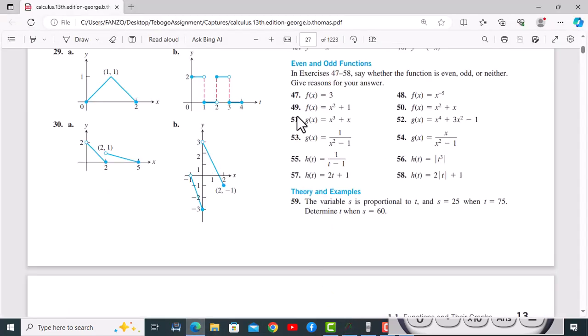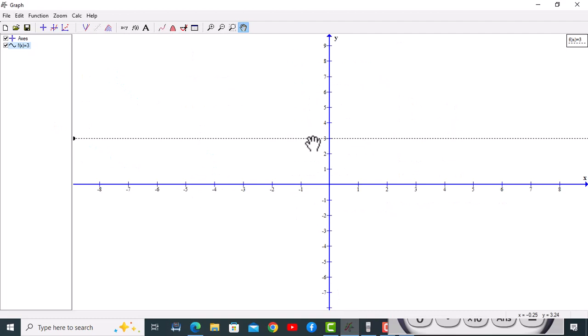And now the question says, say whether the function is even or odd. I have this y equals 3, where the gradient is 0, many would say. So for every value of x, you get exactly the same value of y. So is this even or odd?